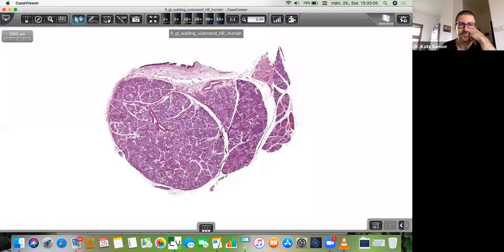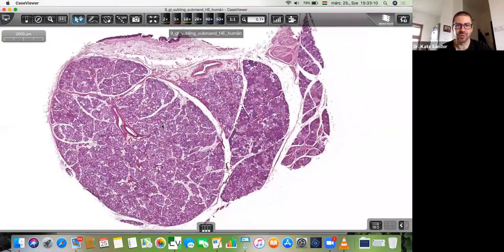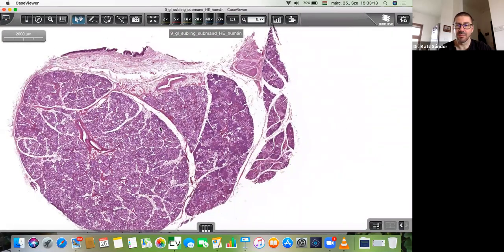So this is the sublingual gland, but it's a unique slide because it shows a little portion of the submandibular gland as well. Just looking at the whole gland, you see here we have a darkly stained area, which also belongs to it. So eventually, here's the border.